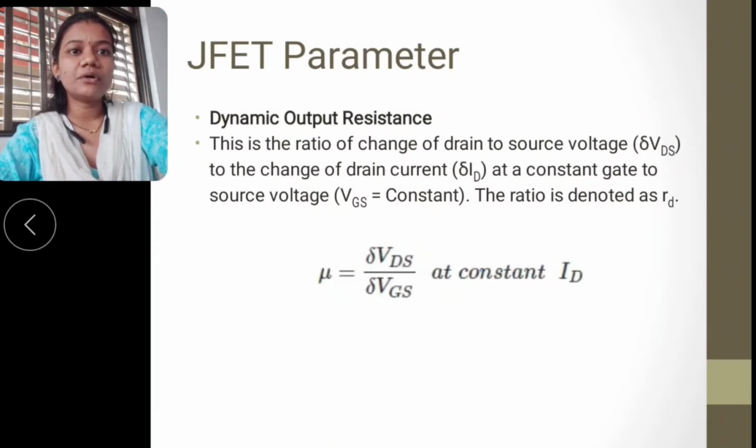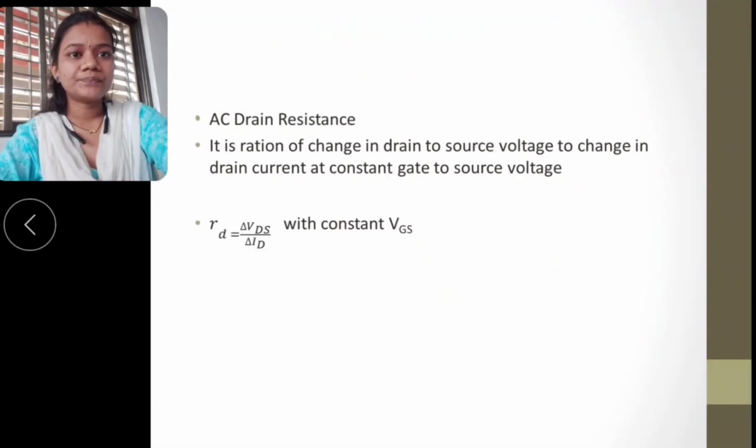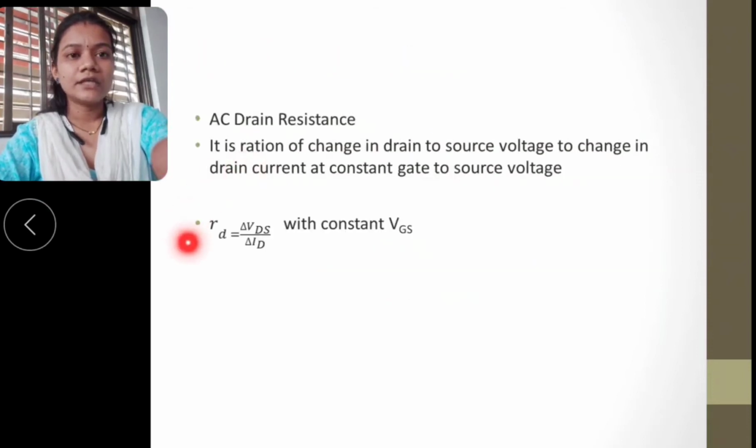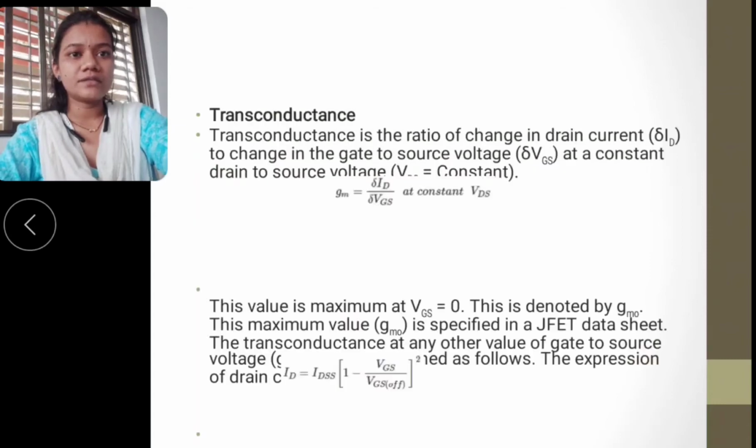We call it the dynamic output resistance Rd, which is the change in VDS to the change in drain current at constant VGS.